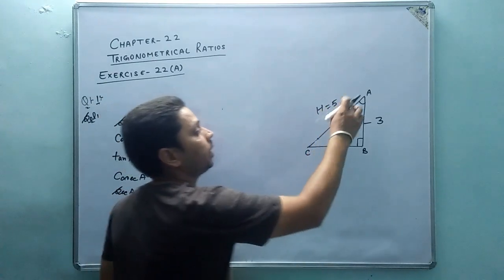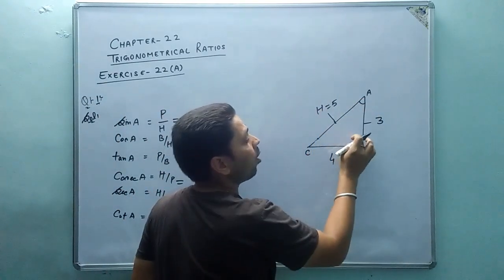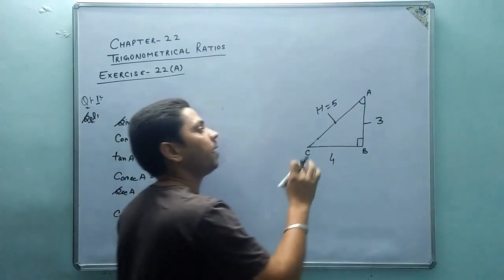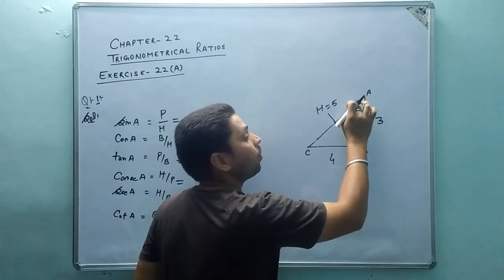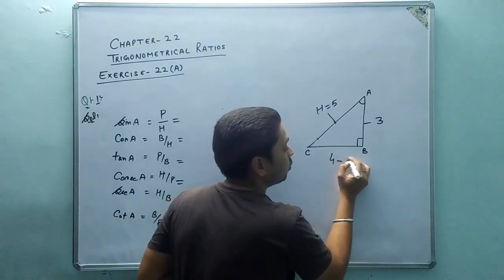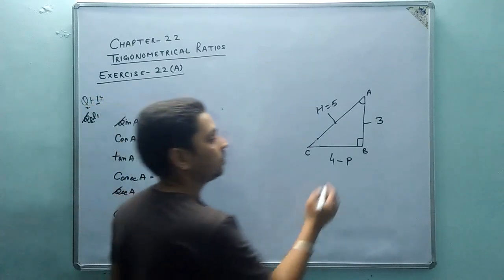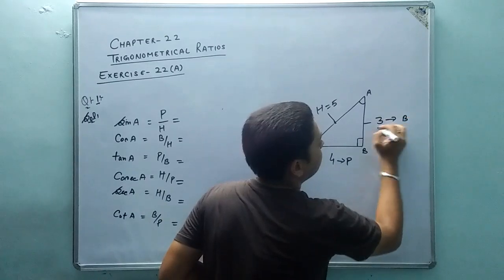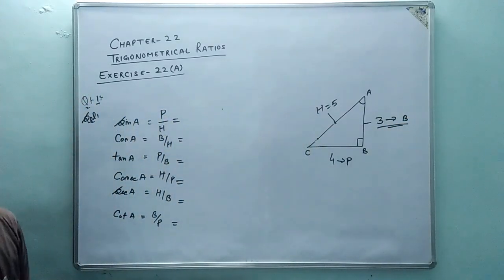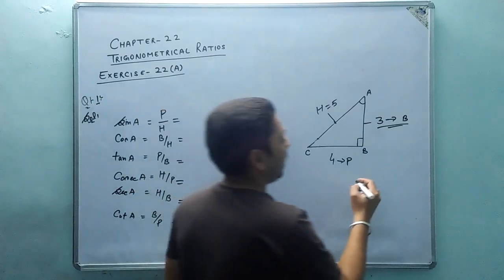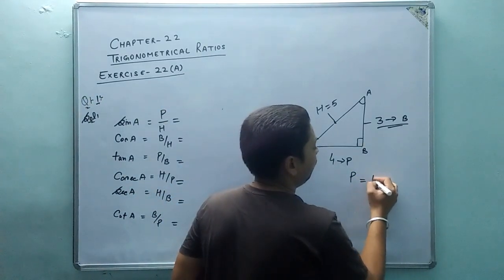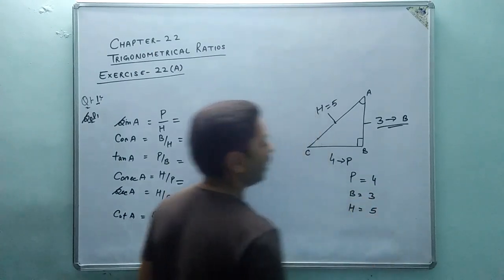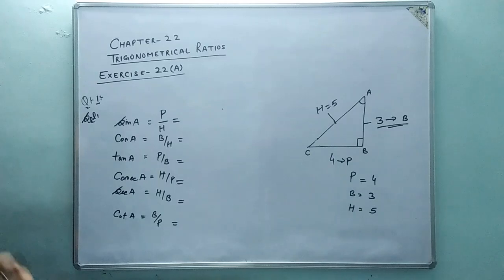Again, side opposite to the right angle is the hypotenuse, that we have 5 here. Then the side opposite to the base angle is the perpendicular. So now our perpendicular is BC, which is 4, and the base side is equal to 3. So perpendicular is equal to 4, base is equal to 3, and hypotenuse is equal to 5.